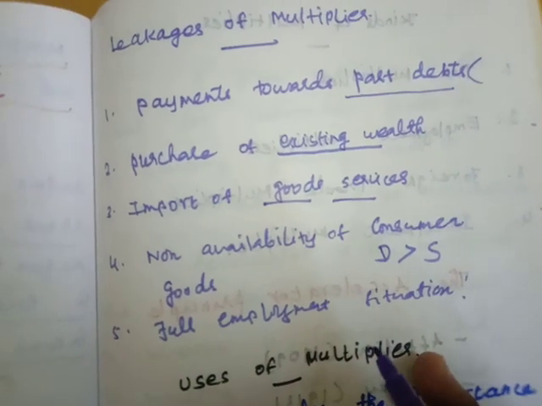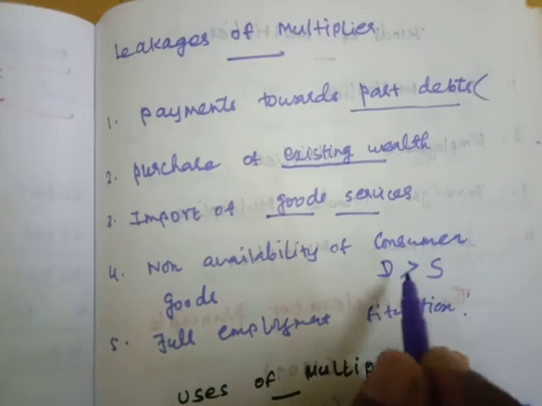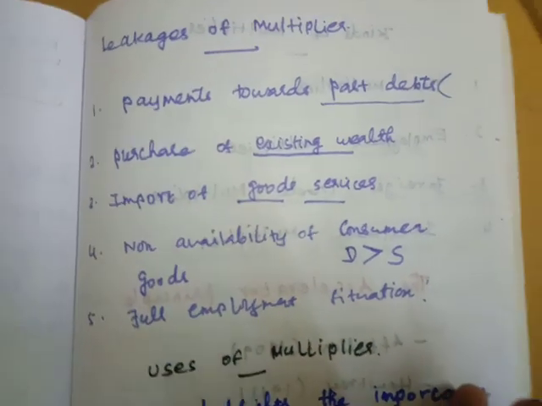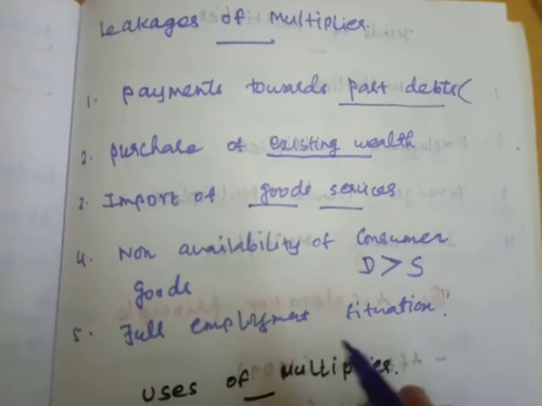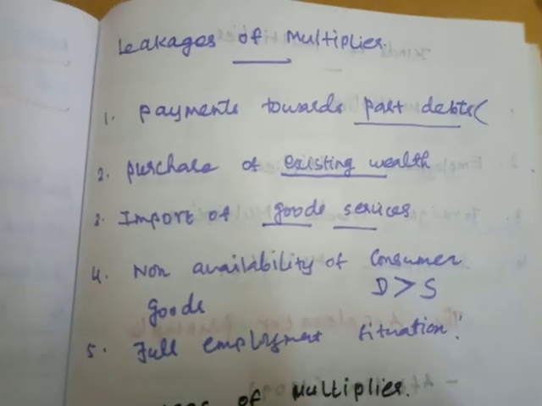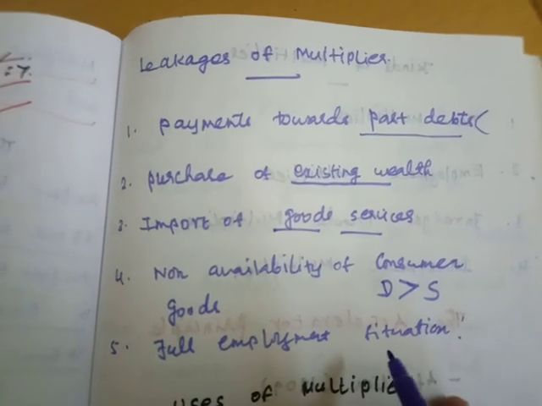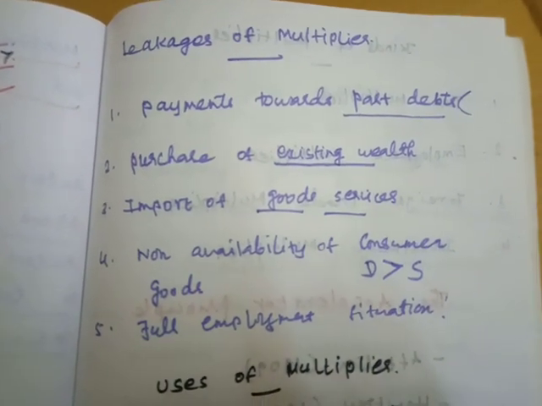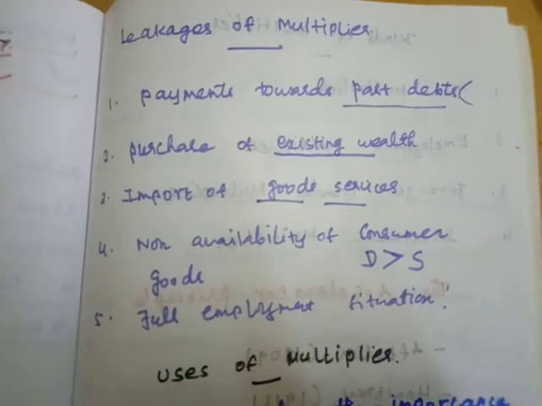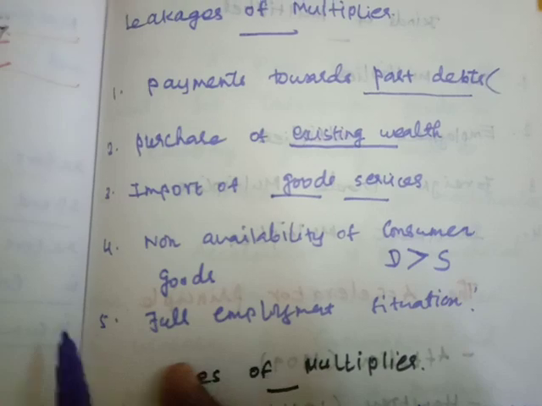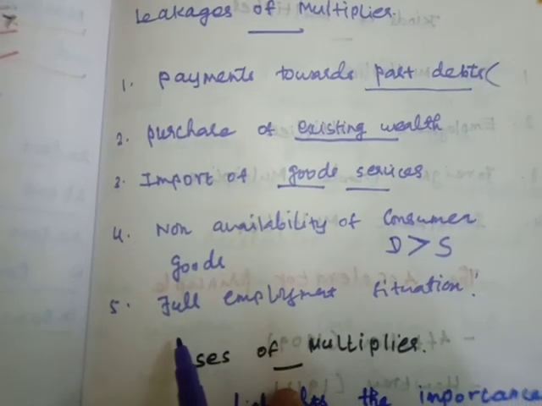When demand is more, automatically the entrepreneurs or sellers increase the price. It will lead to inflation. This reduces the consumption expenditure, because when the price is increasing, we will reduce our consumption, and thereby the multiplier value also falls down.